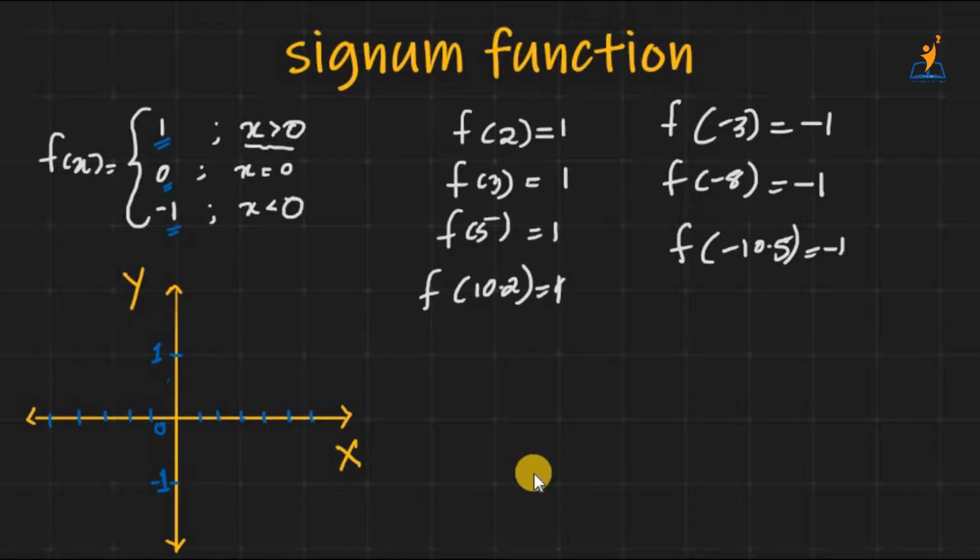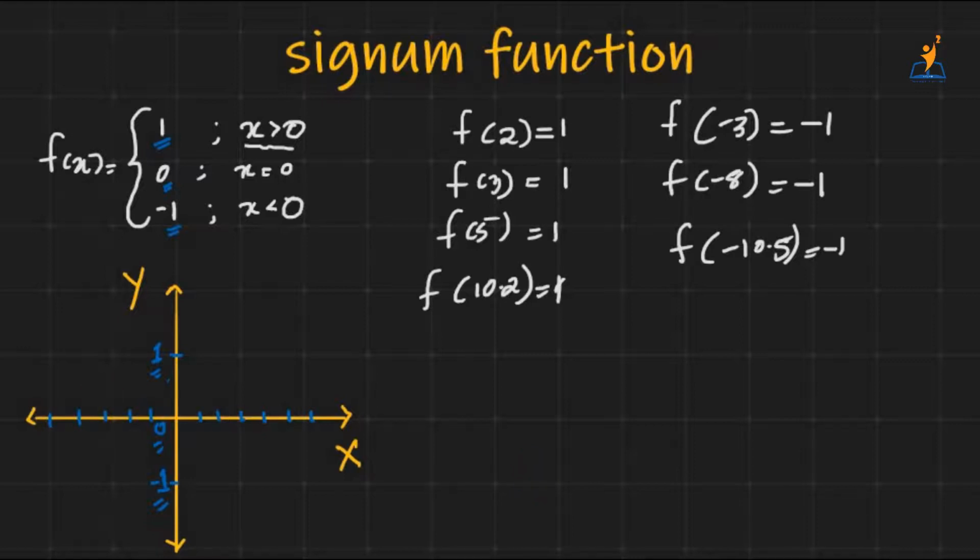So it is required to mark only these three values on the y-axis to draw the graph, because the signum function has only three output values. Hence we mark -1, 0 and 1 on the y-axis. And since the signum function can have any real number as input value, we can have any real number on the x-axis.